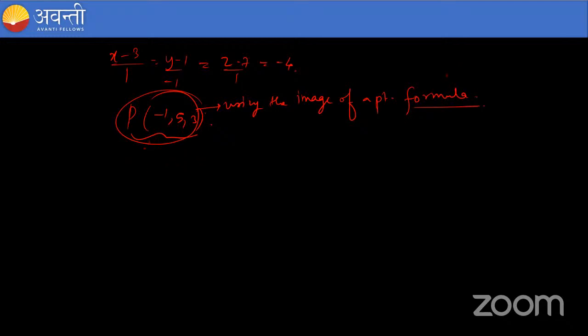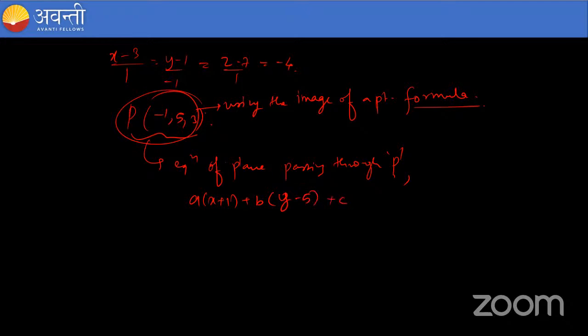So the equation of the plane passing through P will be a times (x plus 1) plus b times (y minus 5) plus c times (z minus 3) equals 0, where a, b, c are the direction ratios of the perpendicular to the plane.